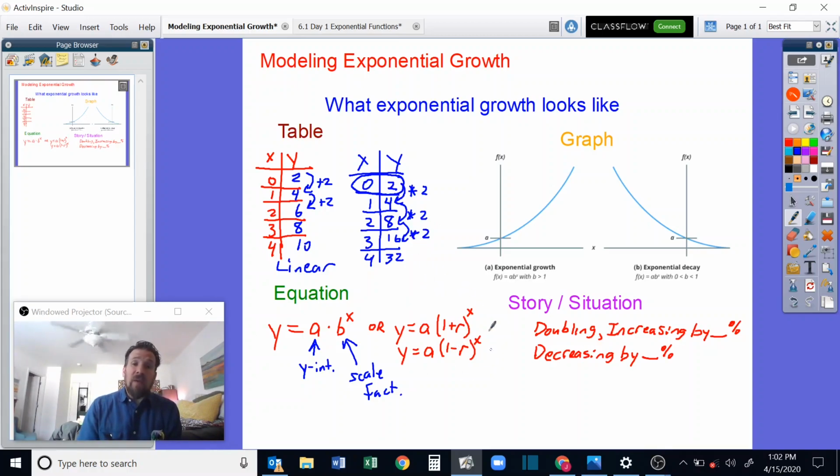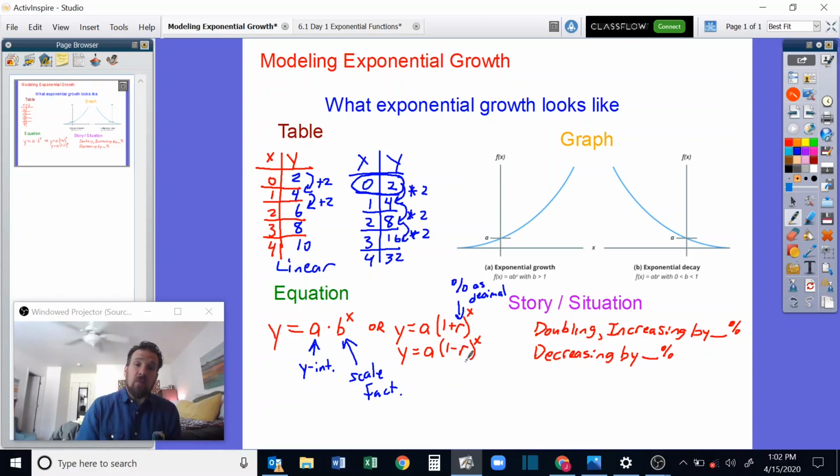The other way that we see an exponential equation written is when we're increasing by a percent, and actually we would write this percent as a decimal when we actually use it in the equation, or if we're decreasing by a percent.